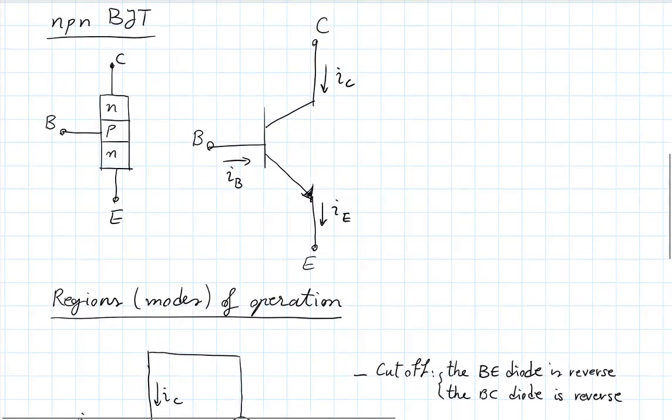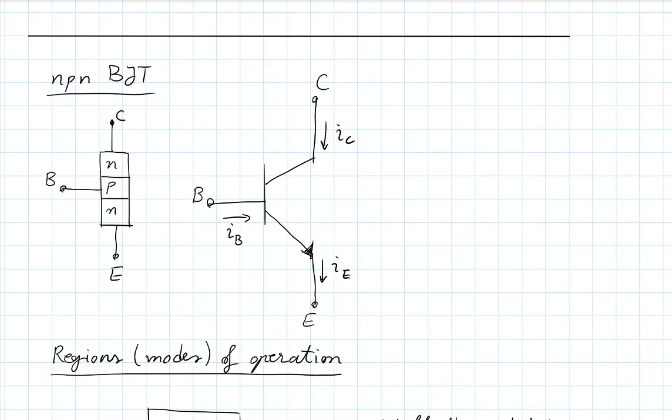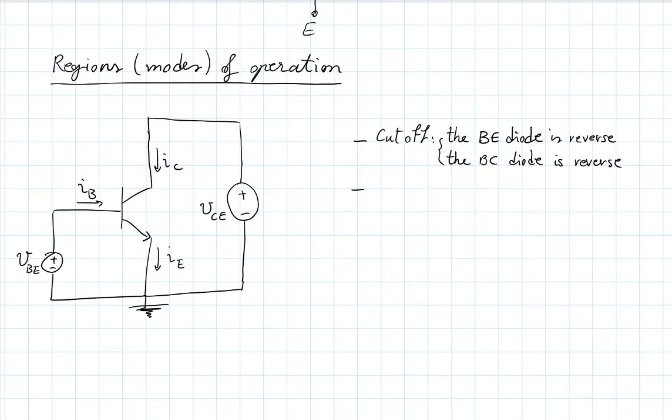So that's typically when you have a VBE voltage here, or what I have applied here, that's either negative or slightly positive, but not quite enough to turn that diode on. So it hasn't made it to 0.7 yet.